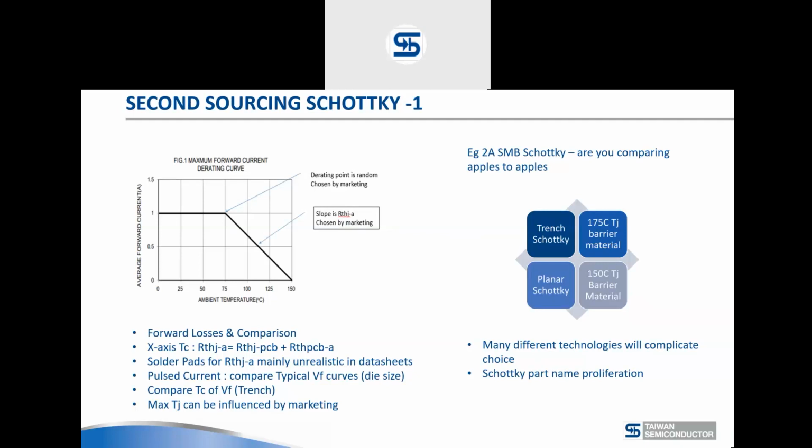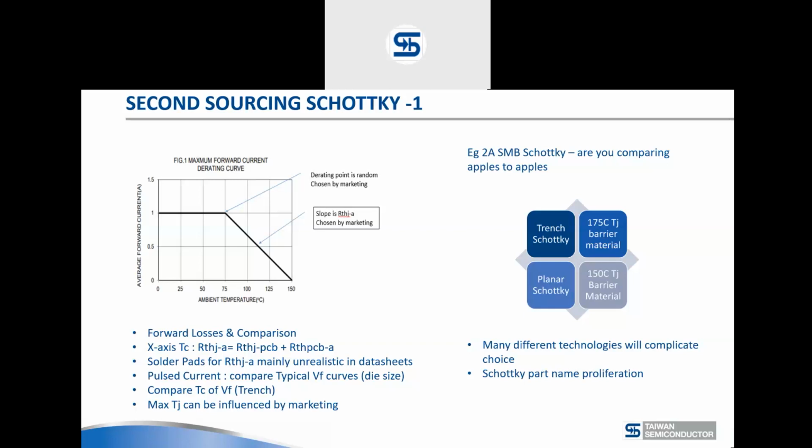So what you need to do is, of course, compare the typical VF curves. If people cannot cheat or lie about the die sizes in those, that's the best way to compare apples to apples if you want to second source a Schottky. And then, if you're looking at a trench Schottky, you definitely want to also look at the temperature coefficient of VF because they're not all equal.